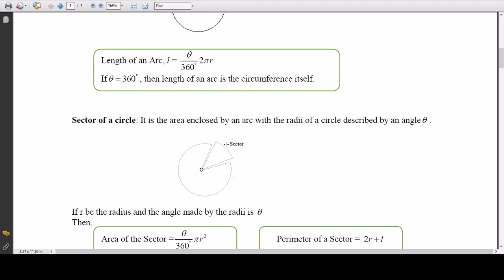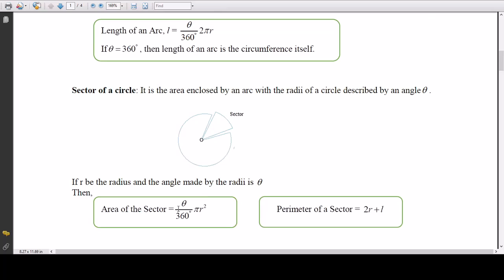Here I've shown for you this portion, which will be called the sector of the circle. For finding the area of a sector, it is given by this formula: theta by 360 times pi r square. Why is it given like this? Because this sector is a part of a circle, isn't it?